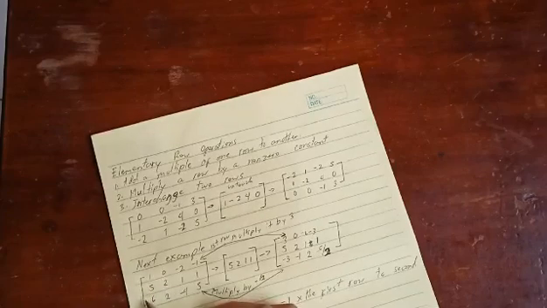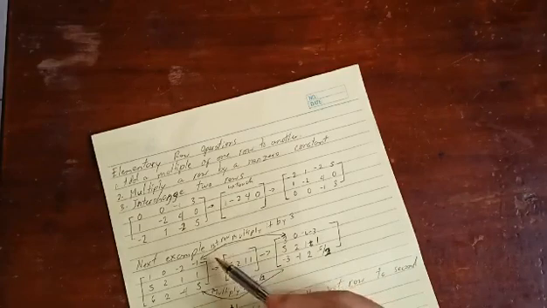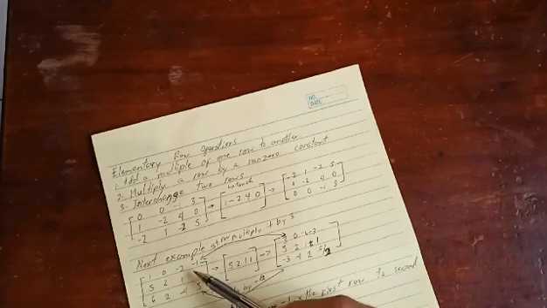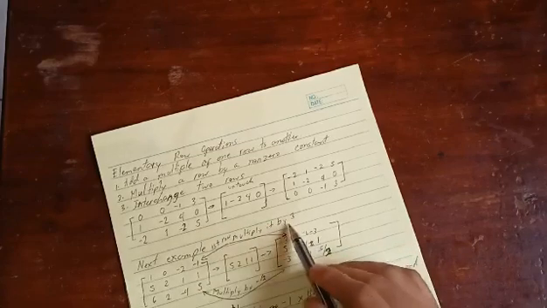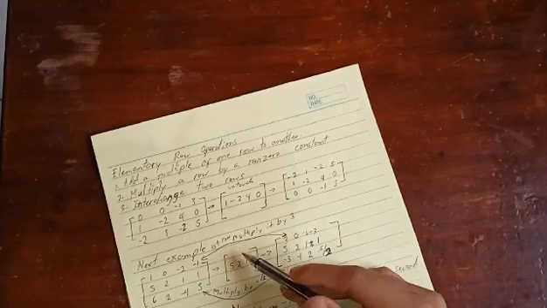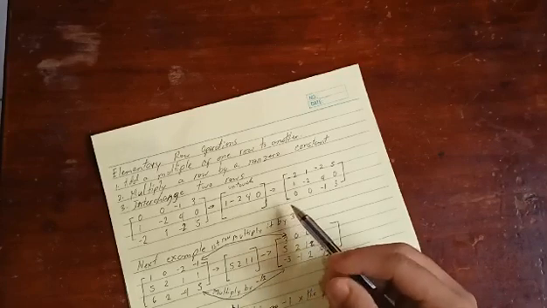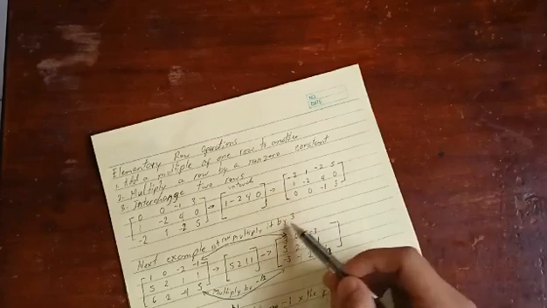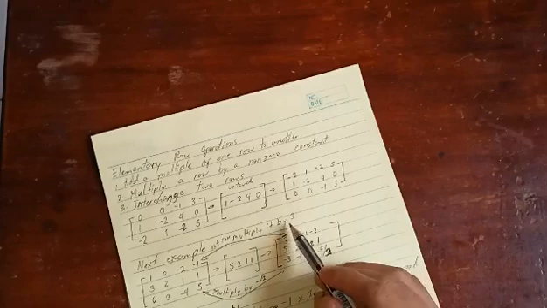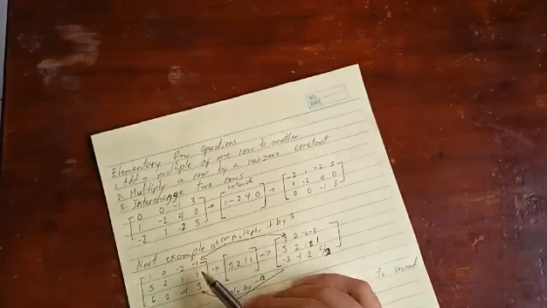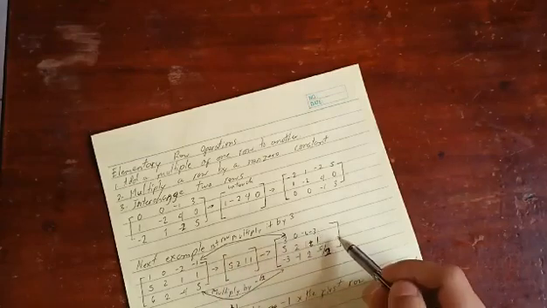This is the second example. Let's multiply the first row by 3, and let's multiply the third row by negative half. So we take the first row and we multiply it by 3. 3 times 1 equals 3, 3 times 0 equals 0, 3 times negative 2 equals negative 6, and 3 times negative 1 equals negative 3.